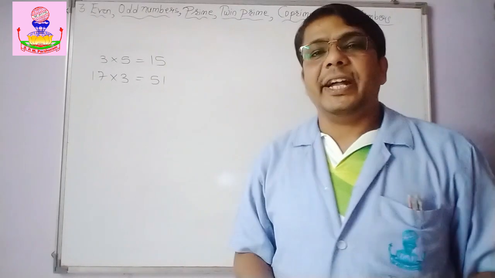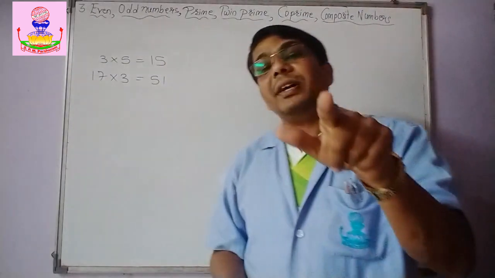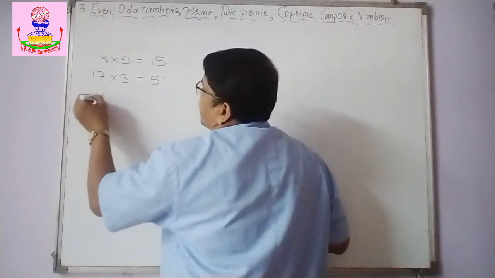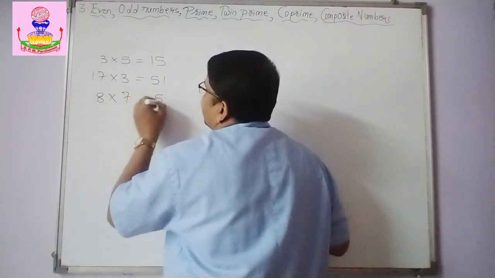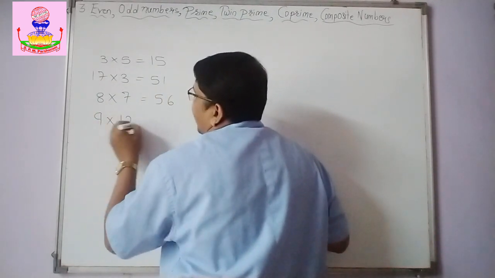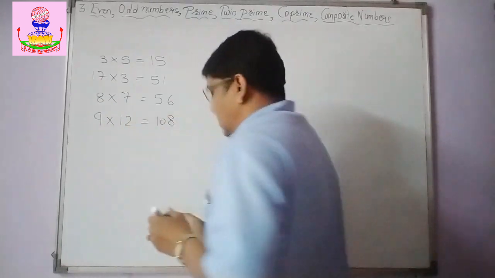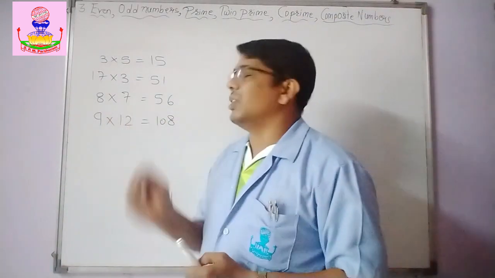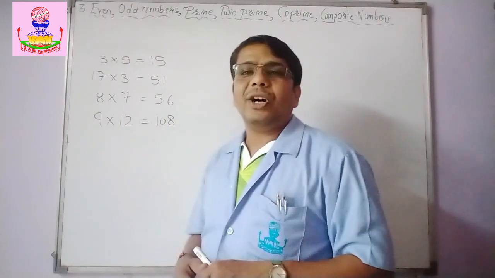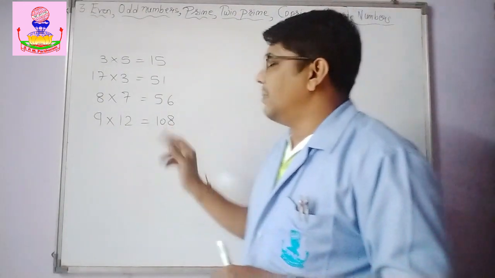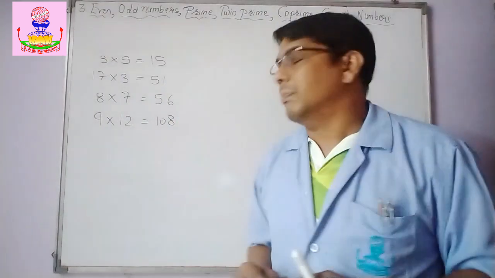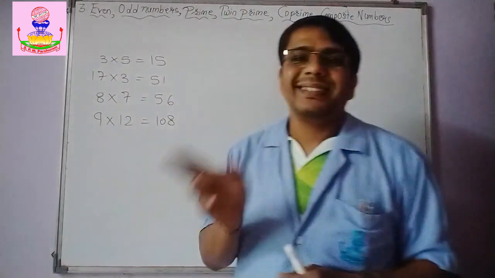On the other hand, if I multiply an even number by an odd number, for example 8 7s are 56, 9 12s are 108. 8 is even, 7 is odd, and when I multiply I get 56, which is even. 9 is odd, 12 is even, but when I multiply them I get an even number. So when an odd number is multiplied by an even number, the product is always an even number.